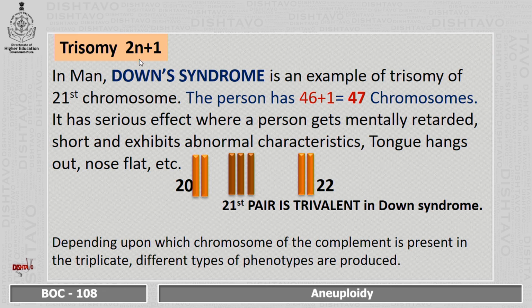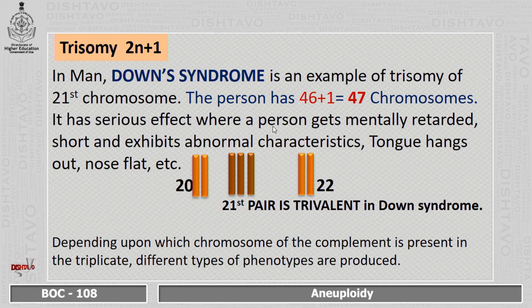So, now we go to Down syndrome, which we see in man. This is an example of trisomy, wherein the 21st chromosome is affected. The person will have one extra chromosome. So, the normal is 46 plus 1, which will be total 47 chromosomes.